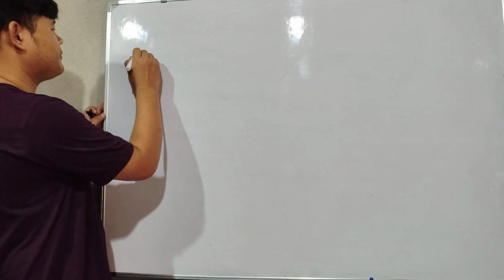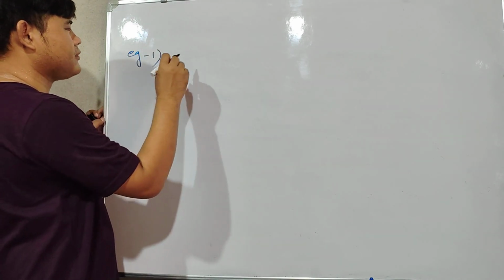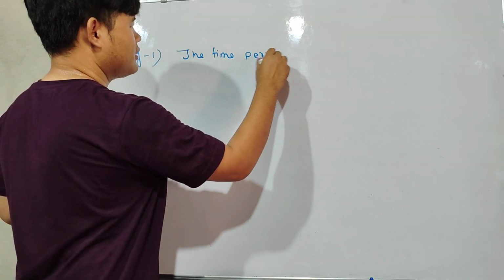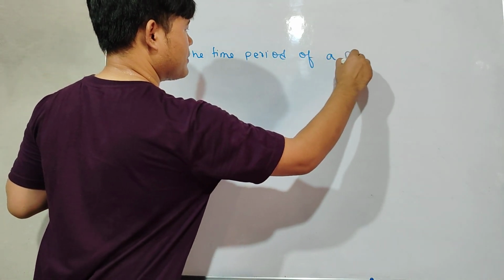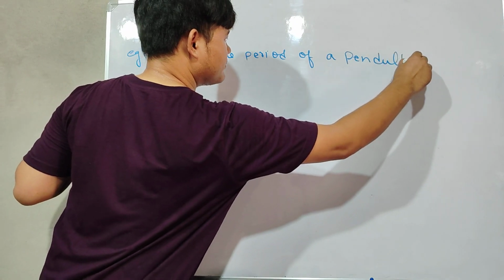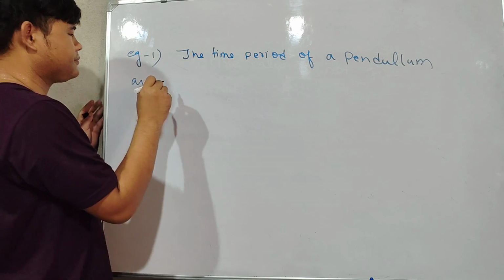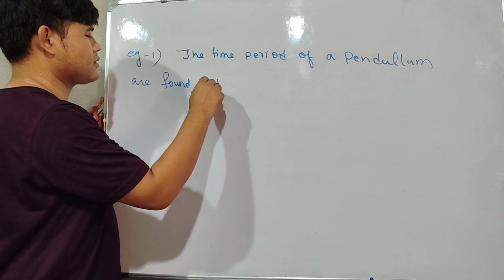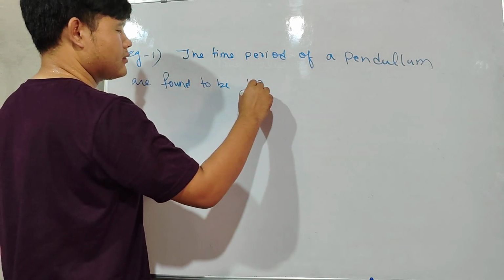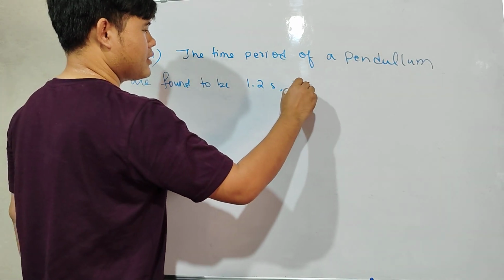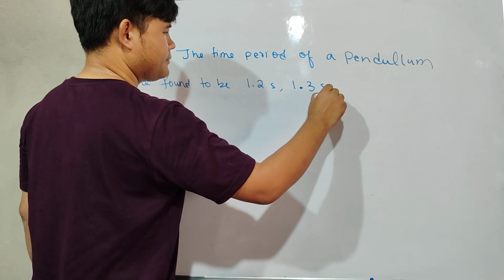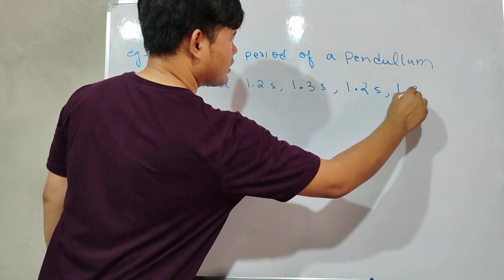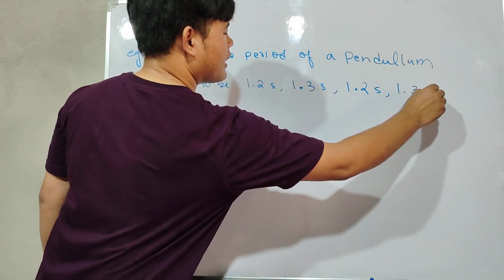Okay, suppose, for example, the time period of a pendulum is found to be 1.2 seconds, 1.3 seconds, 1.2 seconds again, 1.3 seconds again.